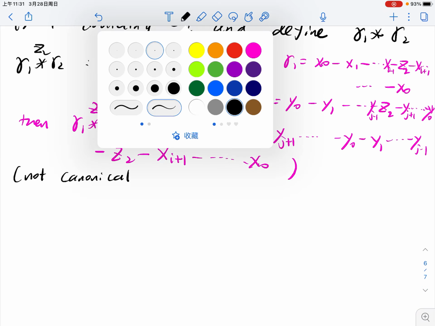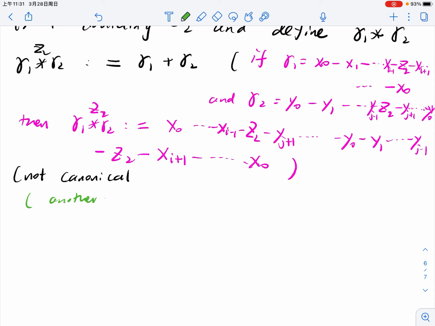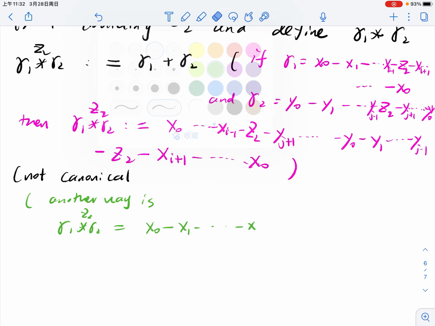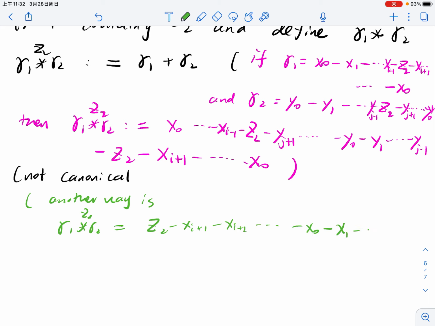Another way is that you can rotate it: z2, x(i+1), x(i+2), and so on, x0 and x1, and so on, x(i-1) and z2, and then you go to the next piece y(j+1), and so on, y0, y1, y2, y(j-1), z2.